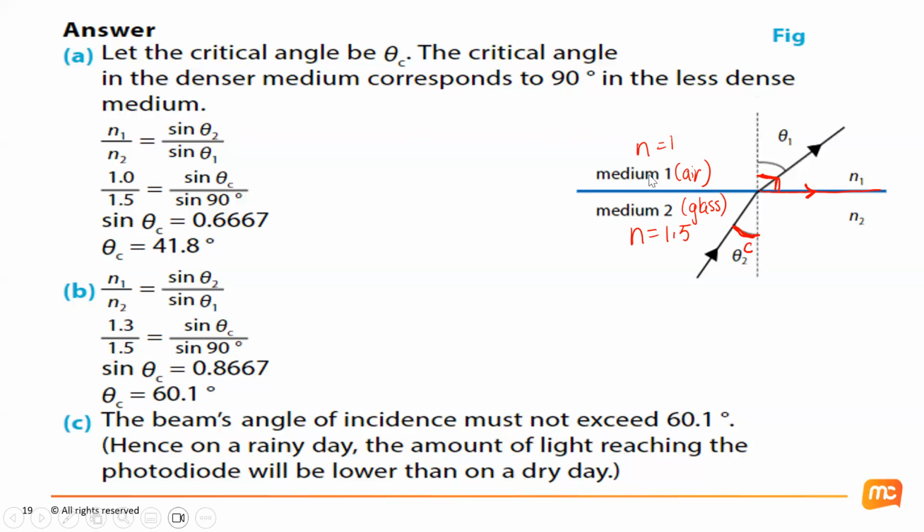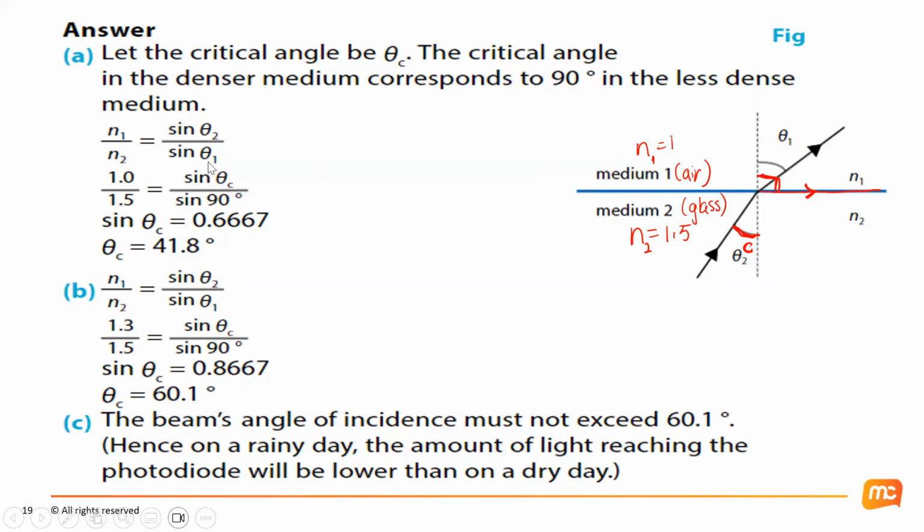N1 is 1, n2 is 1.5. So 1 over 1.5 equals sine theta 2. Theta 2 is over here. So sine theta 2 is the critical angle C.